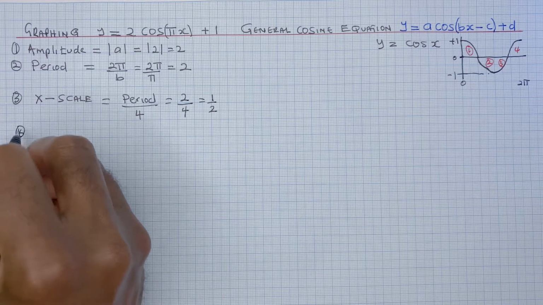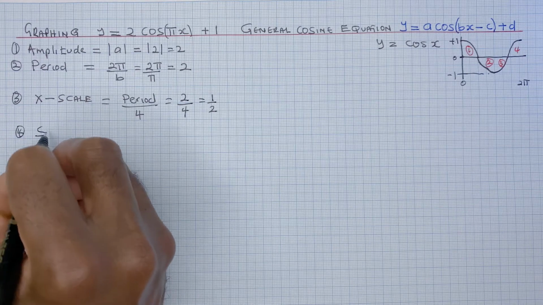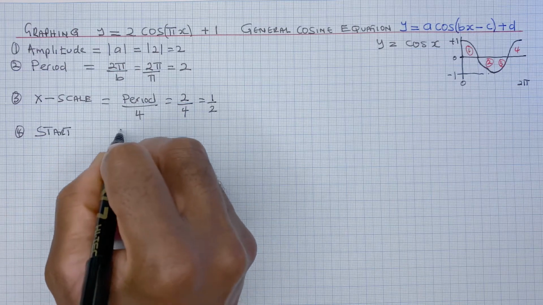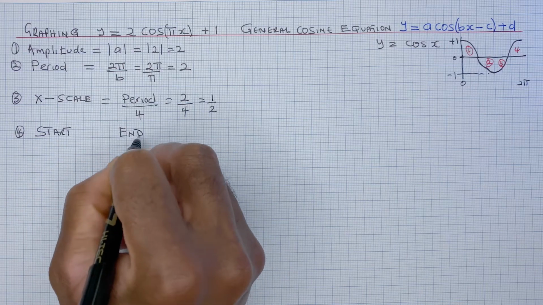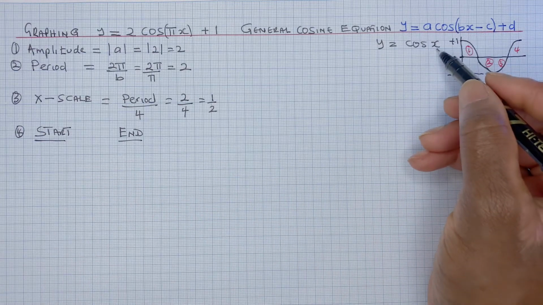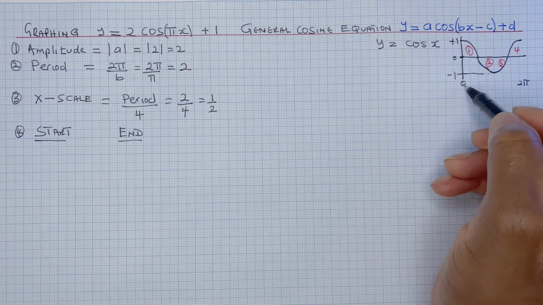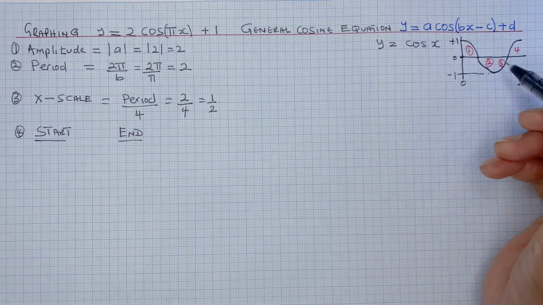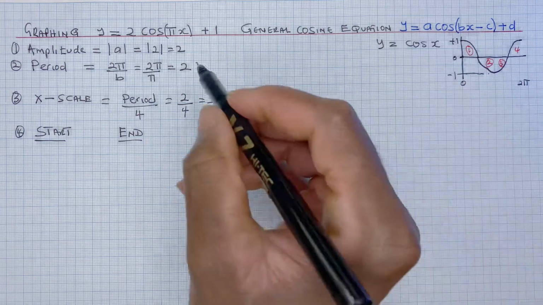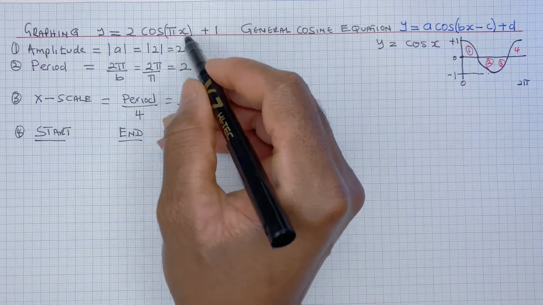Number 4 is we take the start of the period and the end of the period. The start of the period here is you set x to 0. So that's the start of the period. At the end of the period, you set x to 2 pi. We don't have x, we have pi x.